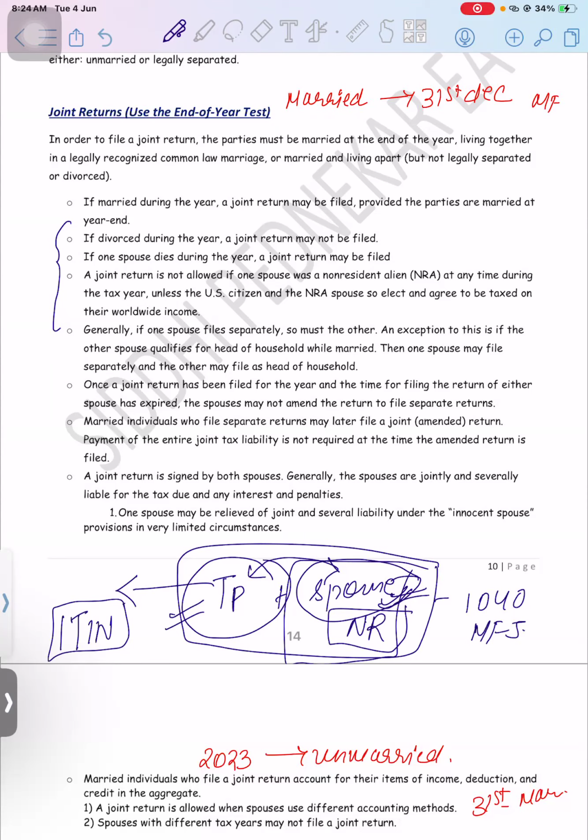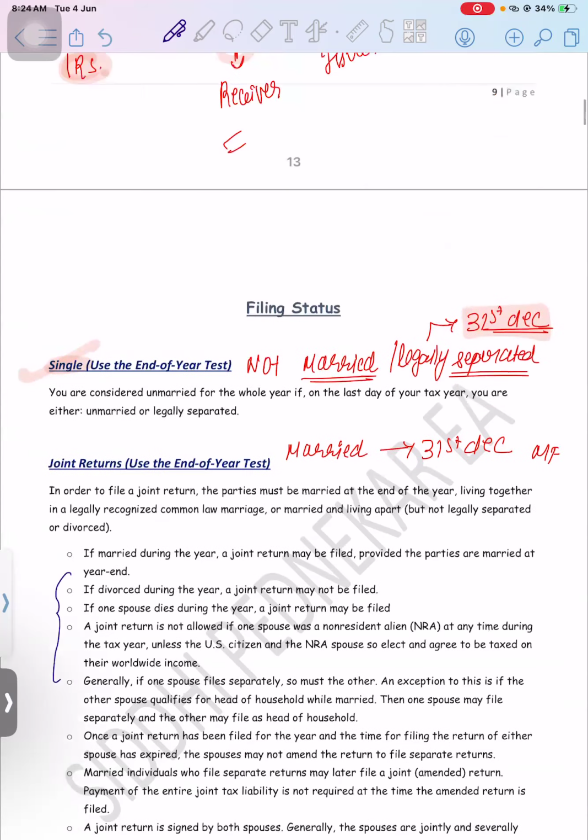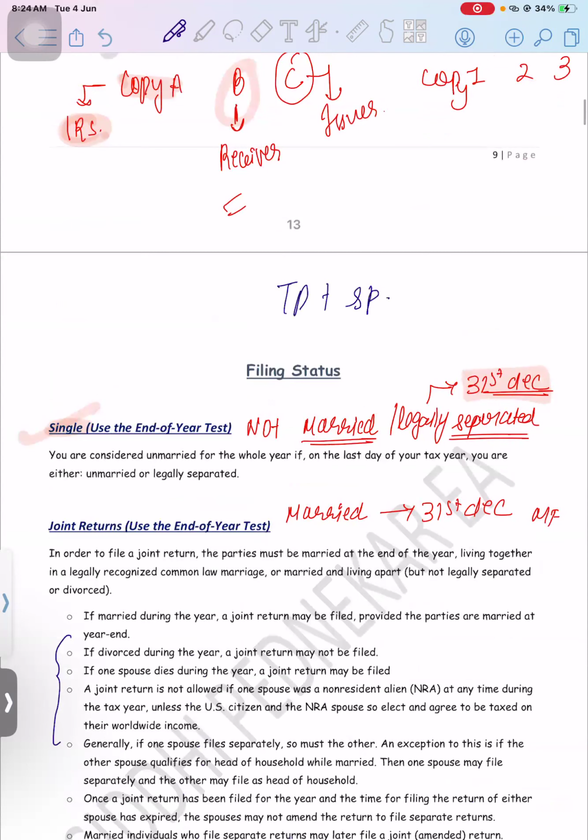Then the next question, you have just mentioned one: generally, if one spouse files a separate return, so must the other. The exception to this is if the other spouse qualifies for HOH while married. This is simply saying that the taxpayer and spouse are both married, but they are living apart. Do you remember the definition of HOH? If you are married, you will be considered unmarried if both people have been living apart for the last 6 months of the year, right?